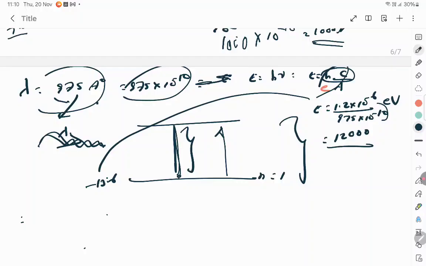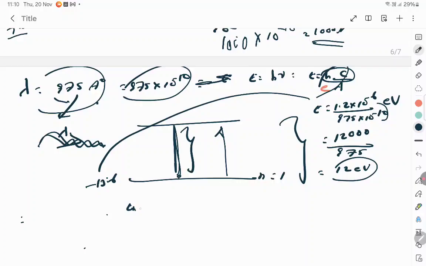Yes. By 975. Then you can divide and find the answer. Assuming it's 1000, it's 12 electron volt, right? So the total energy now is 12.